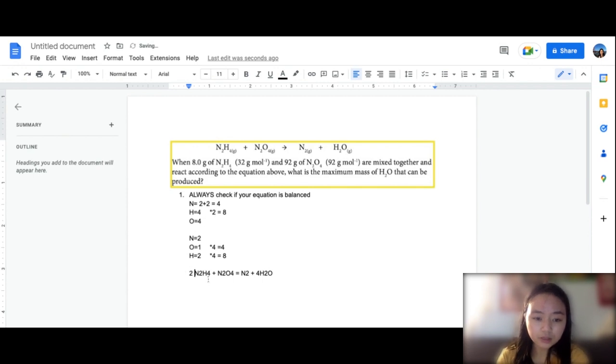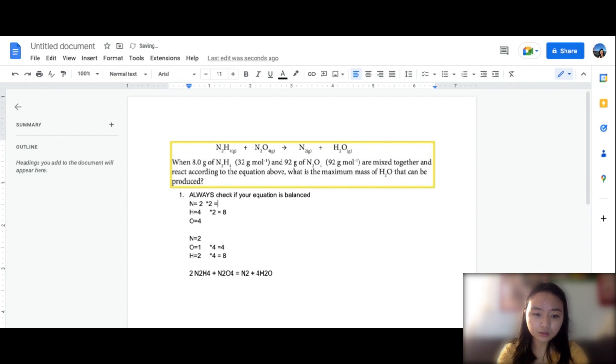And as you can see here, we also changed the number of nitrogens. When we summed up the number of nitrogens, we have 2 from 2 different molecules. So we have 2 from the N2H4, and since I multiplied the H by 2, I have to also multiply the nitrogen by 2 because it's in the same unit.